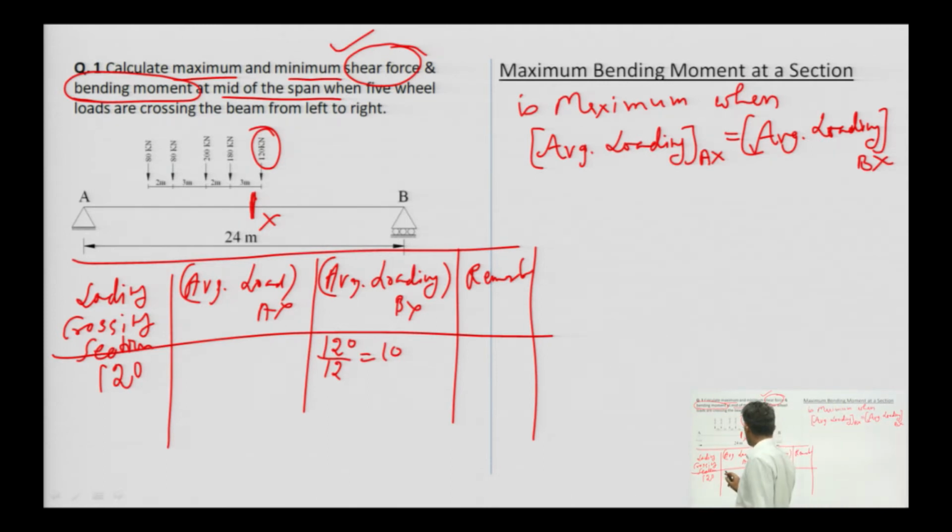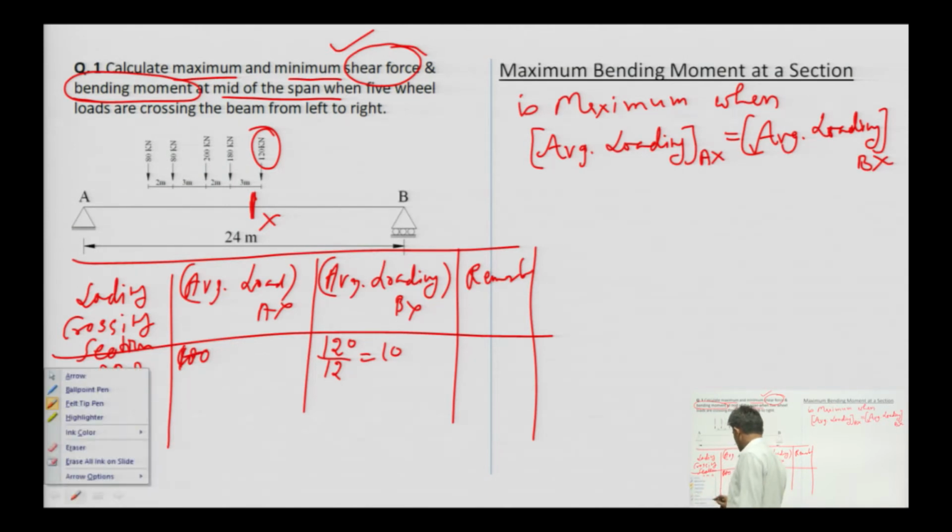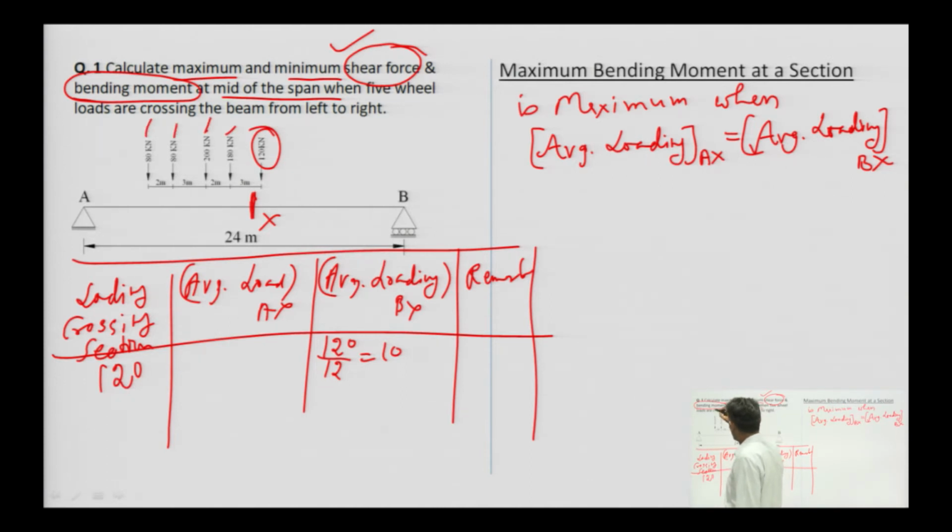In AX the total load is 80 plus 160 plus 200 plus 180, which is 540.